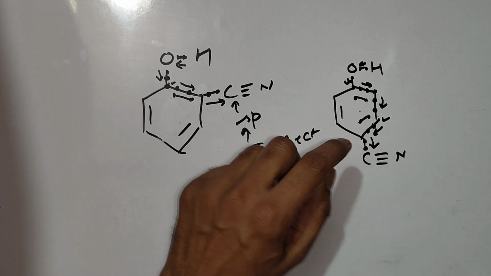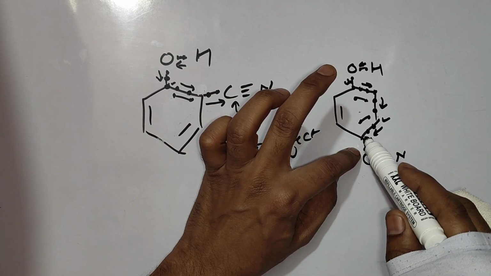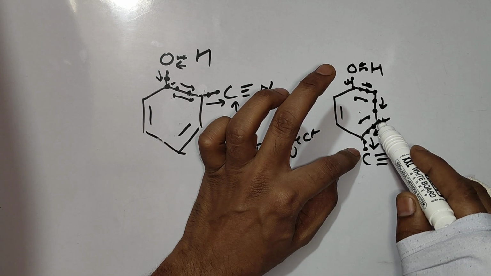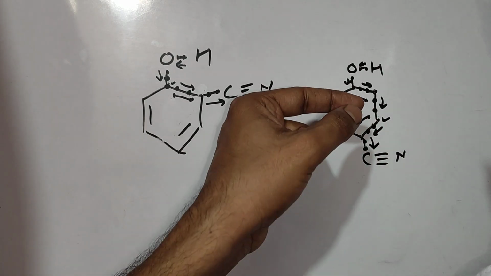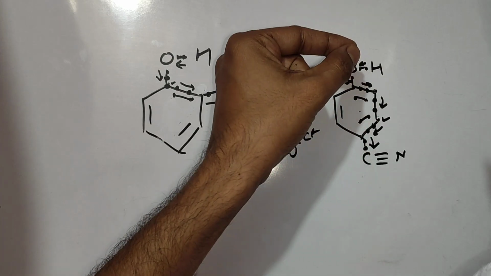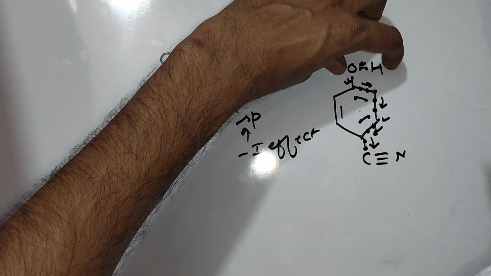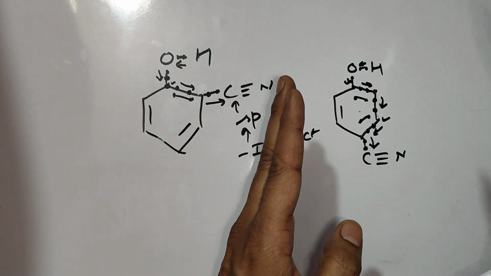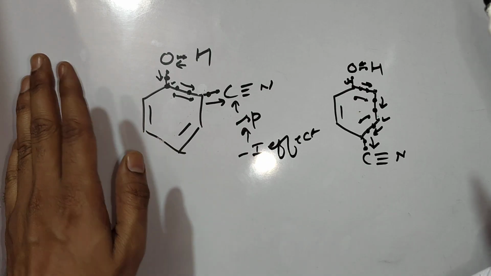But you can check the distance between cyanide and OH group is too much. How many carbons are coming between them? 1, 2, 3, 4. A lot of distance is there. So don't you think this effect will almost diminish or finish up to the OH group? Yes, in 11th class we have done that I effects operate only up to the third carbon. After that they finish.